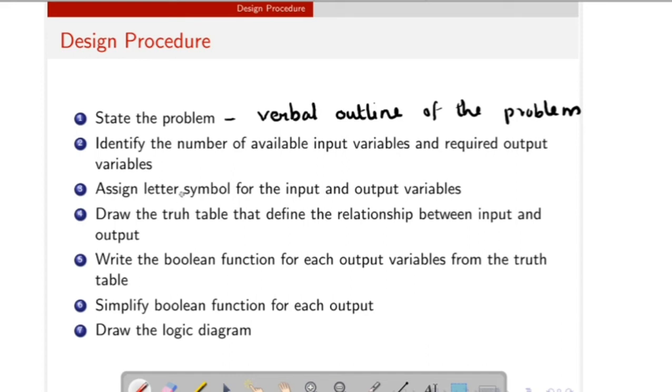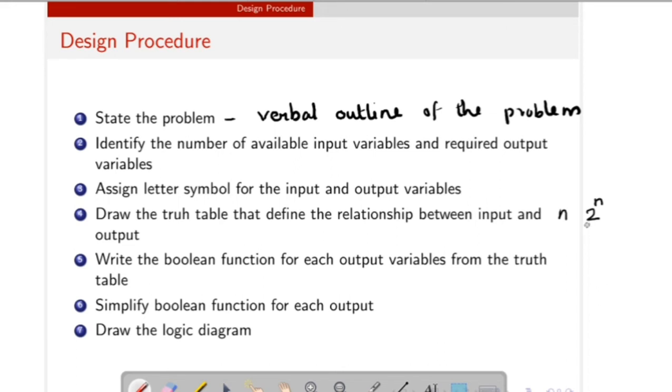So from the third step we have the inputs and the outputs with the proper letter symbols. So next we draw the truth table. Each column represents the inputs and the outputs. So if there are n input variables, the truth table has 2 raised to n input combinations, so 2 raised to n rows are there.